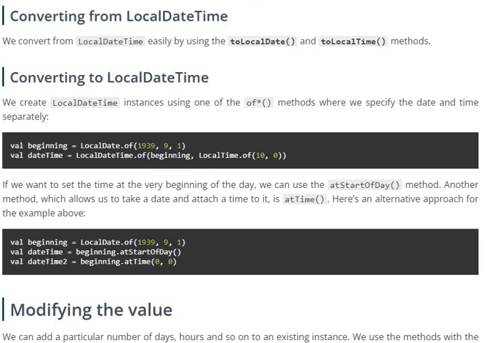If we want to set the time at the very beginning of the day, we can use the atStartOfDay method, which allows us to take a date and attach a time to it. atTime. So look at this example. atTime 0, 0.